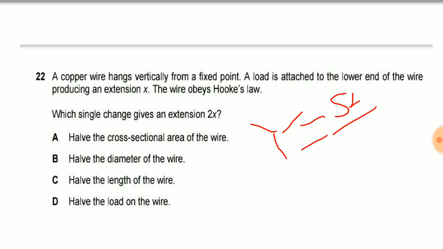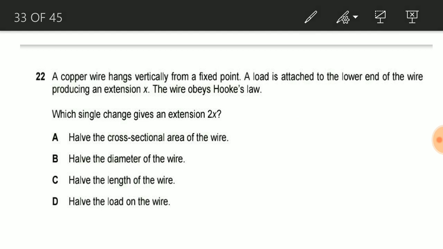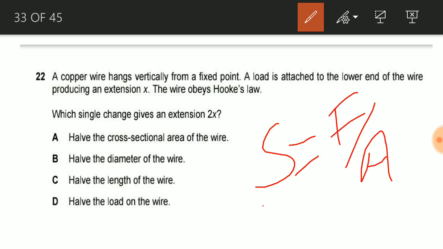If the extension of the wire is twice X, then if extension is increasing, the strain should also increase. That will be obtained by, we know that stress is force upon area. If area is half, then the stress will be doubled.